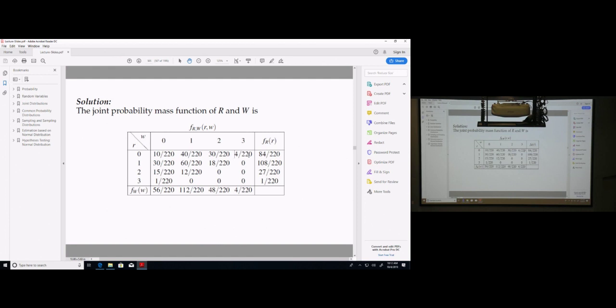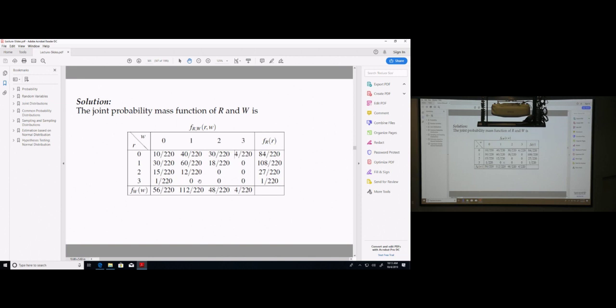In this example, I think the guy who prepared the lecture notes purposely did not simplify the fractions, so that makes the addition easier. So here would be just 84 over 220, and so on and so forth here.